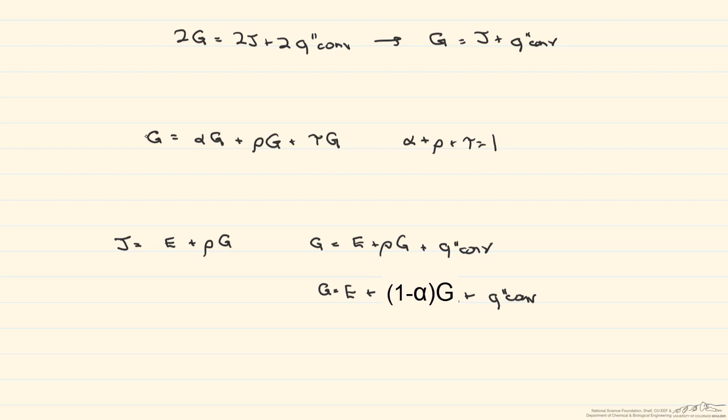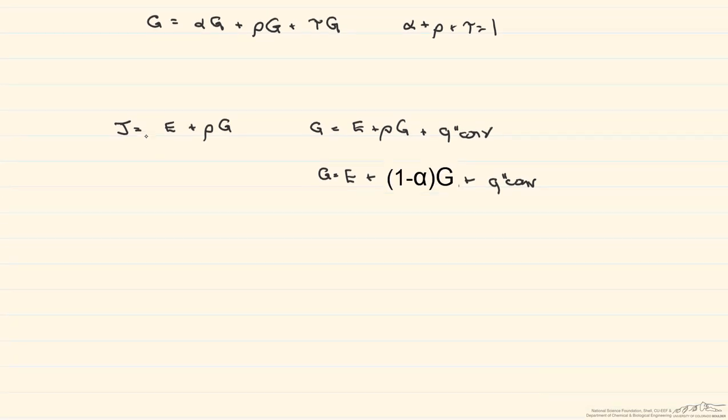The surrounding fluid can be treated as a black body since it's large with respect to our plate. So that means that our irradiation is equal to sigma T infinity to the fourth, where sigma is the Stefan-Boltzmann constant, which is equal to 5.67 times 10 to the minus 8 watts per meter squared Kelvin to the fourth.